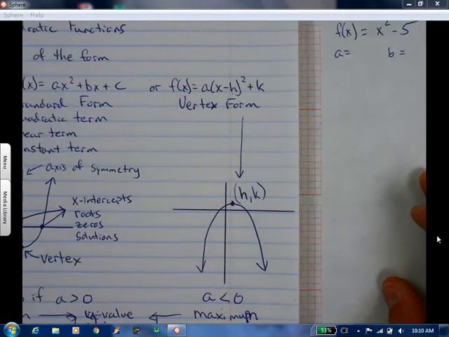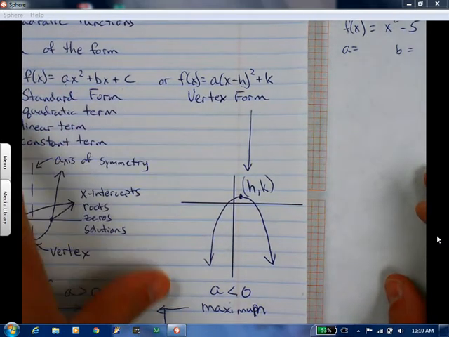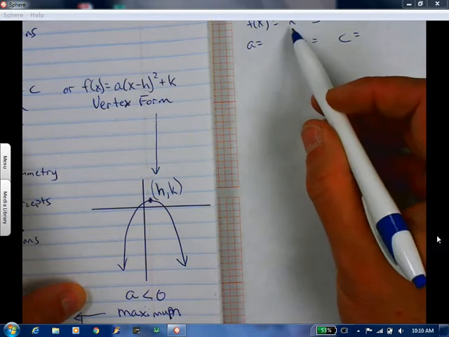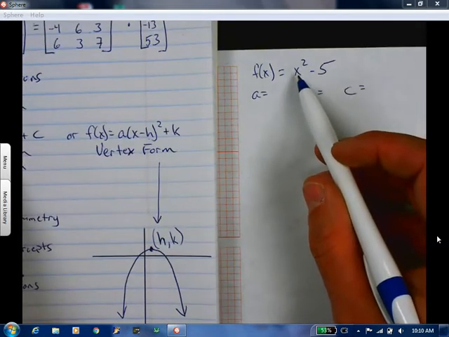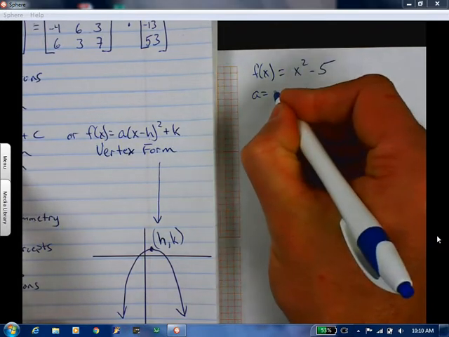So here's standard form: ax squared plus bx plus c. So a is the number in front of the x squared. So what number is in front of the x squared here? 1. Thank you, 1. So a is 1.